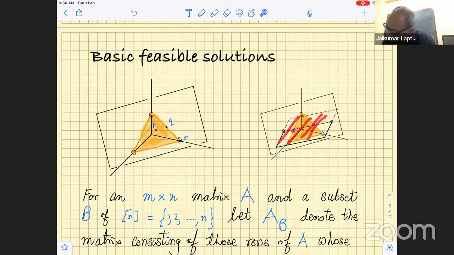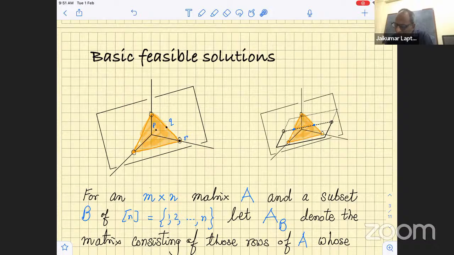Then it will select out this little line segment here. So the very same point Q, which was earlier not a basic feasible solution, might become a basic feasible solution. It depends on what affine space you were left with by the equations, and then when you intersect that affine space with the non-negative orthant, some points arise which are called basic feasible solutions.